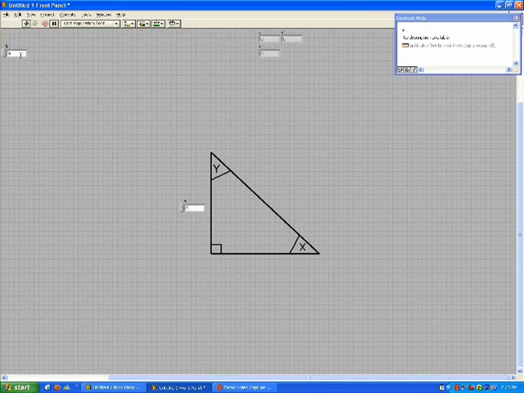A is this side of the triangle. This is B. And this is C. Of course, this is Y and X. Now, to get X, we'll get the cosine of b divided by c, and we will get the inverse of that. Since the MathScript node gets the value in radians, we will multiply that by 180 and divide it by pi.